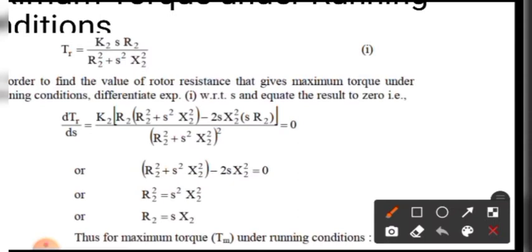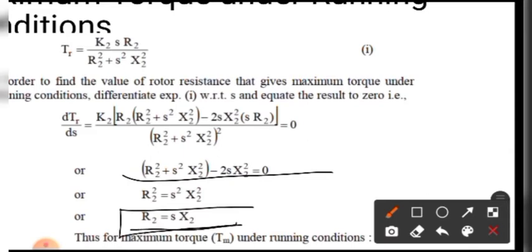Now rearrange this equation, then we get R2² = S² X2², and now we get the final equation, that is R2 = S X2. So this is the maximum torque condition, maximum torque under running condition.